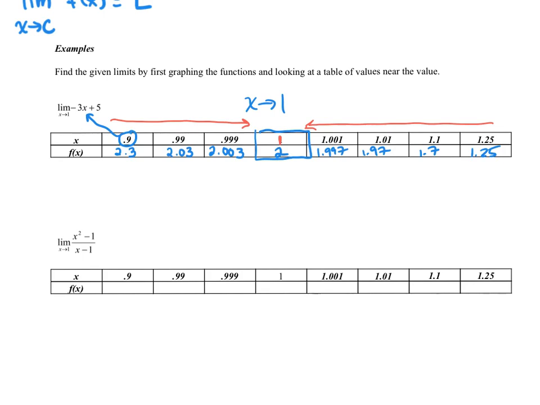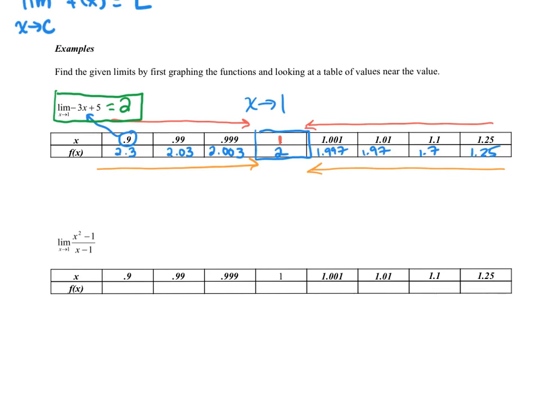So as I go from the left and the right to the center of the x, if I do the same for the f of x or the y values, these seem to approach 2. These are getting closer to 2 by decreasing. These are getting closer to 2 by increasing. So I would say the limit is 2. So the limit as x approaches 1 of negative 3x plus 5 is simply 2.